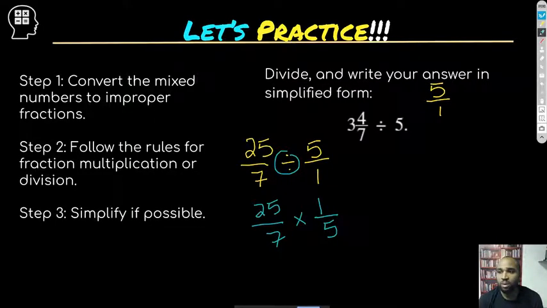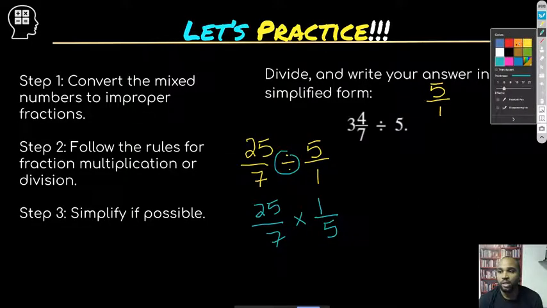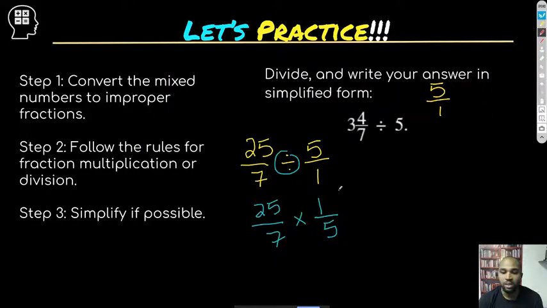Now we can employ our multiplication rules, which simply tell us when you're multiplying fractions, multiply the numerators with each other. You know what? Before I start writing this out again, I'm actually going to factor it out. So 25 and 1, that's just going to be 5 times 5 times 1.